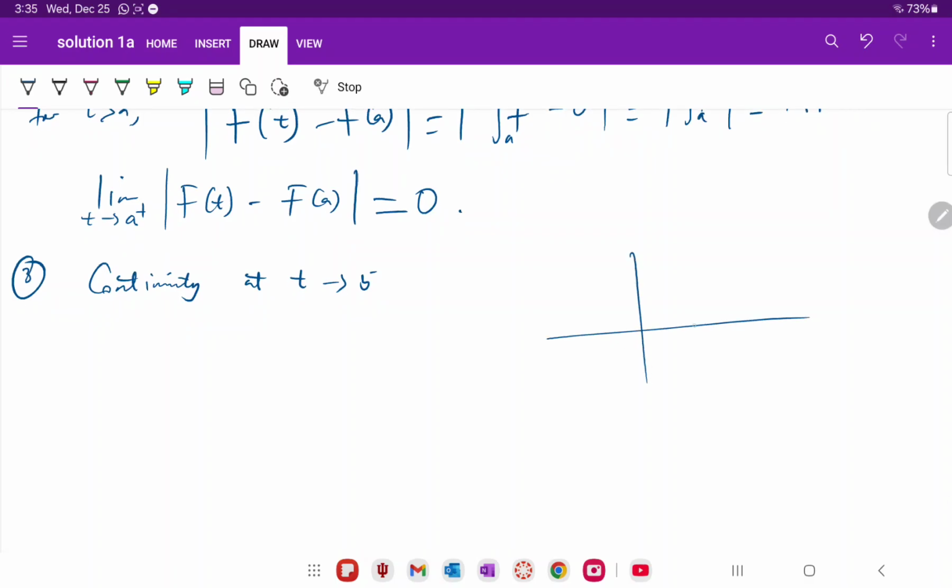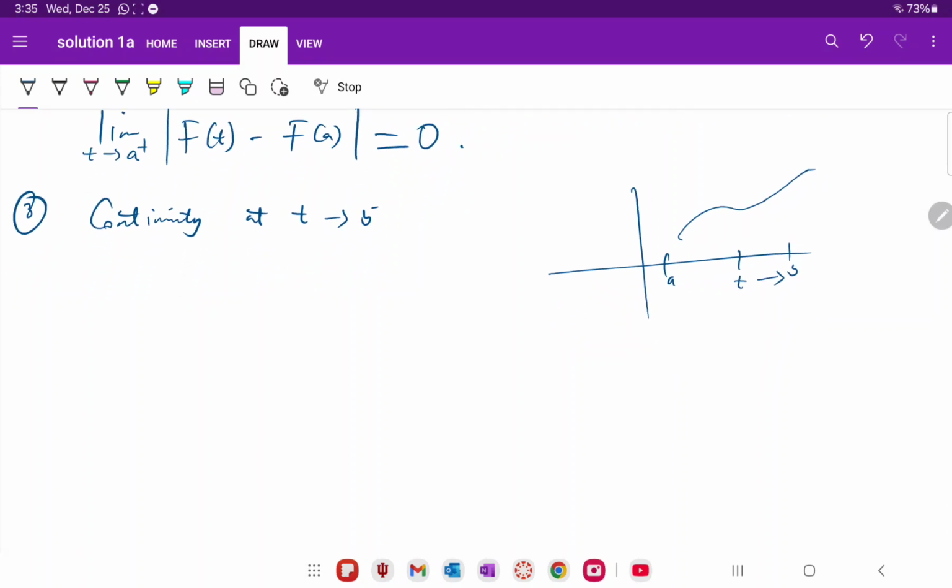We have a, b, and our t is moving to b, so we want to check the continuity of the function at that endpoint. Here our t is less than our b, so we have f of b minus f of t.